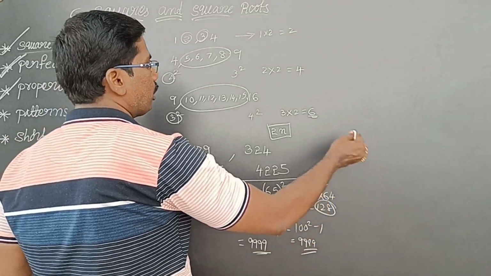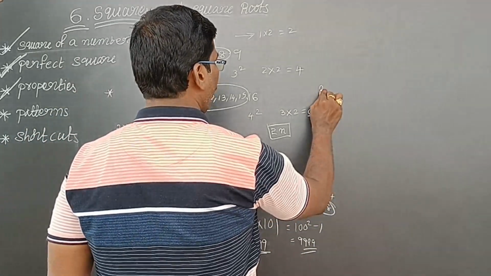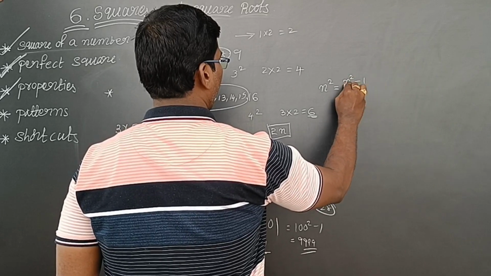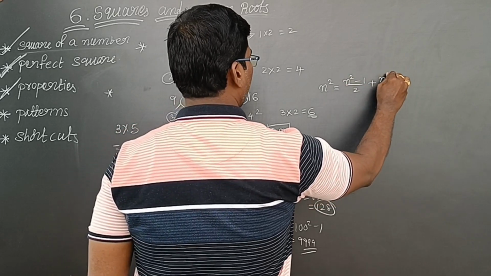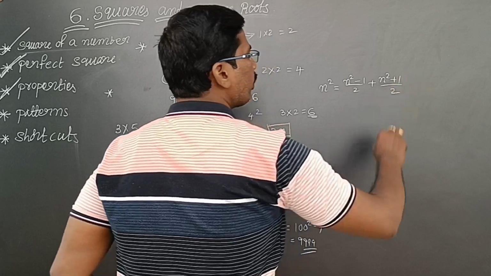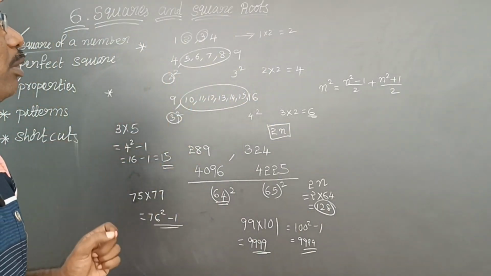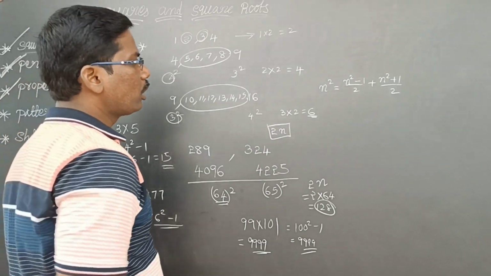And also one more thing I will say here. Any square number can be written like this: n square minus 1 by 2 plus n square plus 1 by 2. How, sir? Let us see.